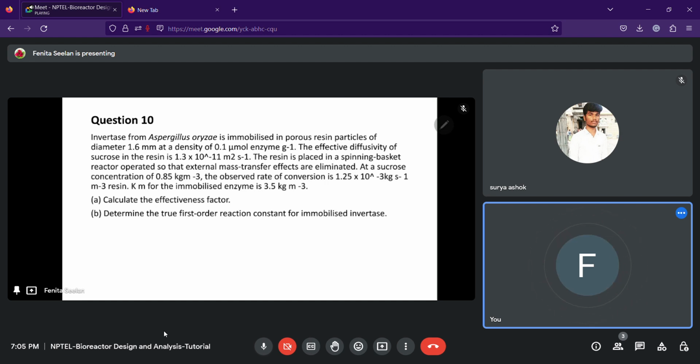At a sucrose concentration of 0.85 kg per meter cube, the observed rate of conversion is 1.25 into 10 power minus 3 kg per second meter cube, and the Km value for the immobilized enzyme is 3.5 kg per meter cube. We were asked to calculate the effectiveness factor eta and also to determine the true first order reaction constant for the immobilized invertase enzyme. So take a few minutes to read the question and then we will start solving the problem.